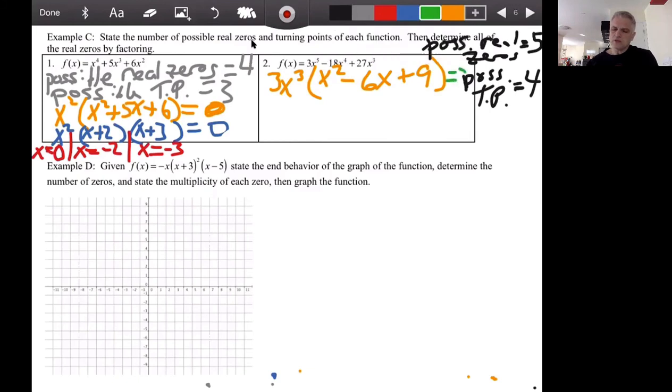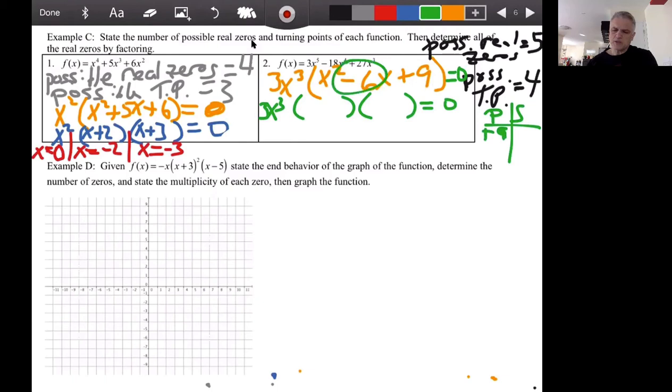Okay, here we go. We make this equal 0. We're going to find the zeros by factoring. So we've already factored out the 3x cubed. Okay, now some product sum. The product is going to be positive 9. Oh, yeah, positive 9. You can put it in here.